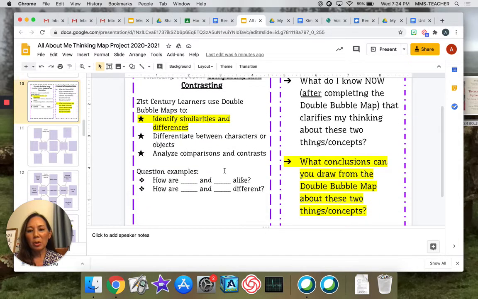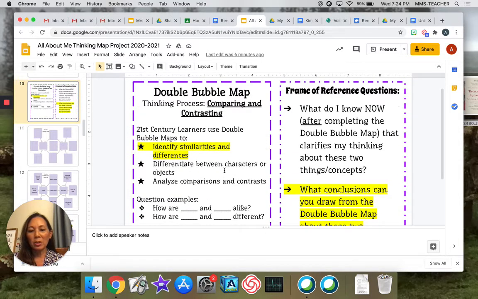So you could ask questions such as, how are blank and blank alike? Or how are blank and blank different? In today's assignment, you're going to be comparing and contrasting people, yourself to someone else.